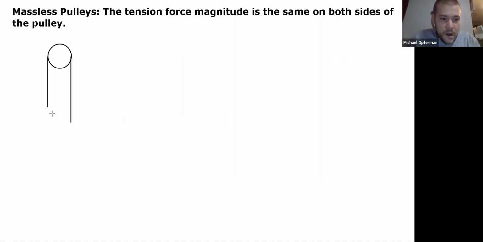And then we have a block hanging from each side like this, and the blocks have different mass. And so, of course, as you can guess, if you release this thing from rest, the heavier block is going to fall and the lighter block is going to rise.